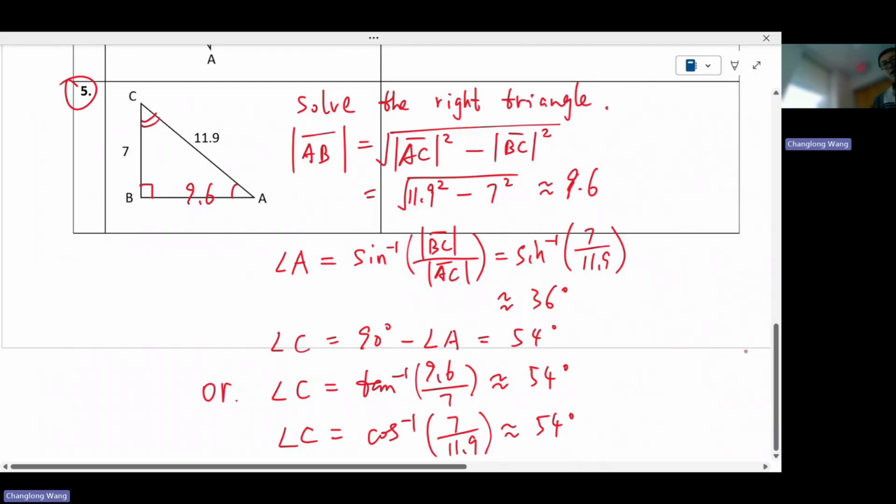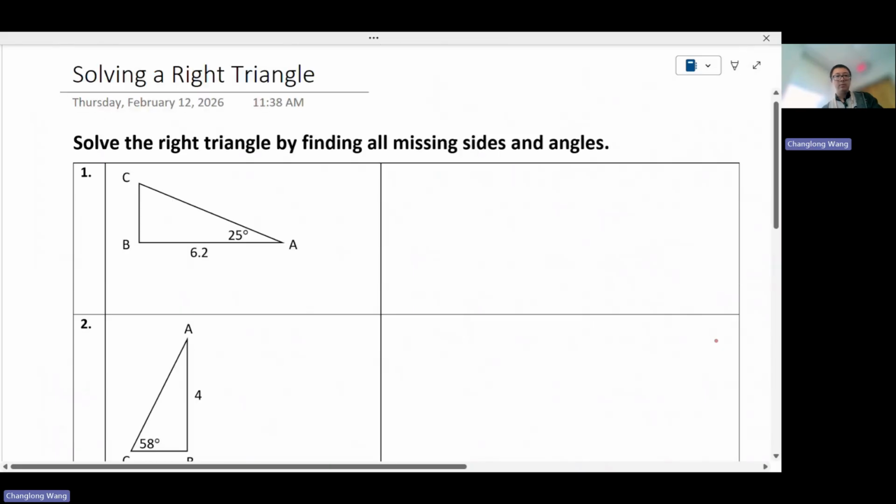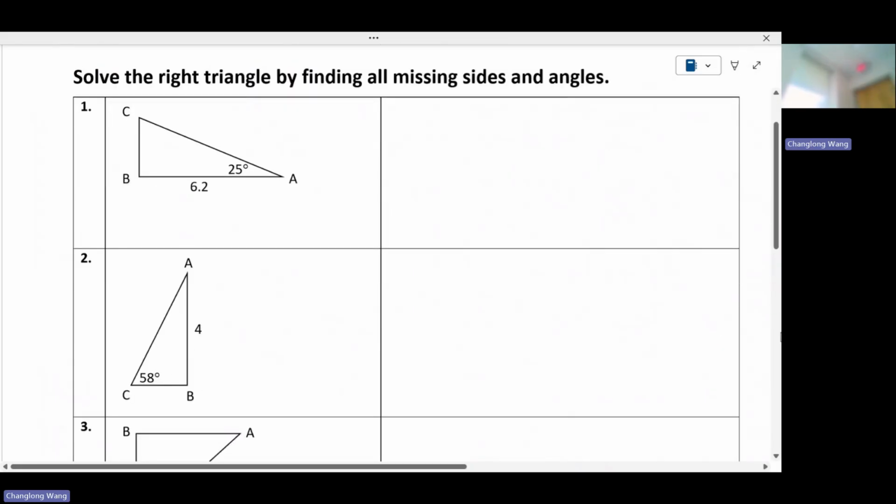But there could be a problem like, if I scroll up, number 1 and 2 on that worksheet. They told you one of the angles, so you might want to find the complementary angle right away, right? And then use the angles and the only side that you're given to find the missing sides, using the regular trig functions, right? Not the inverse one.